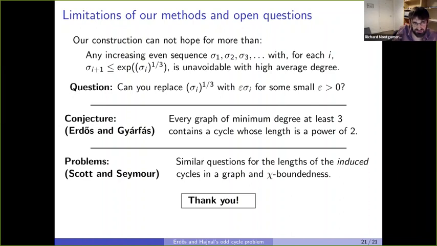Okay, and another question. I wonder, for odd cycles, how important is the chromatic number? Suppose I only assume that the graph contains one odd cycle and is highly connected, and the average degree is big. Could this be enough already for most of the results about lengths of odd cycles?